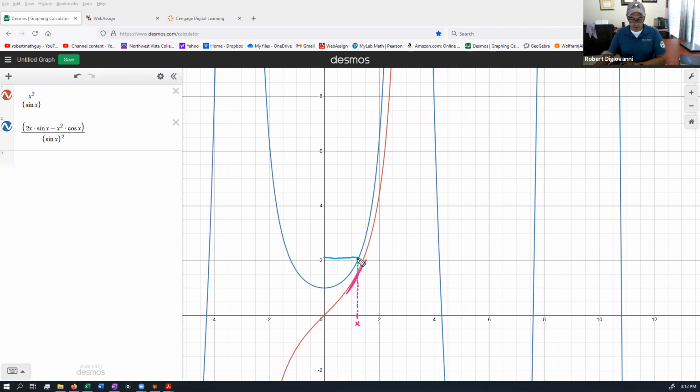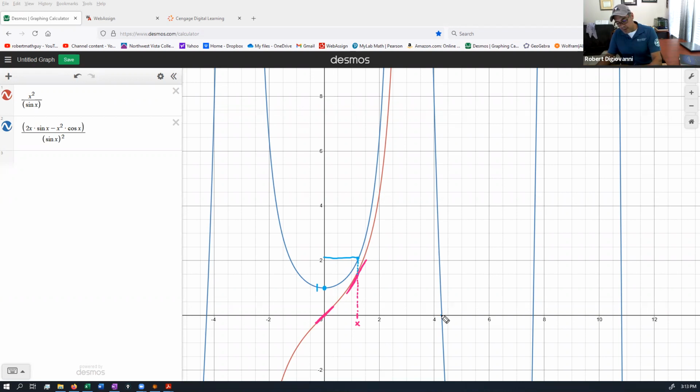Whatever the y value is of the blue function is what the slope of that line is on the original function. And you can see it's actually kind of cool. Look what's happening here. Right here at 0, look at the slope of the tangent line there. Doesn't that look almost like a perfectly diagonal line? Which would have a slope of what? It would have a slope of 1, wouldn't it? And look at the y value of the blue function there. It's 1. It matches the slope.